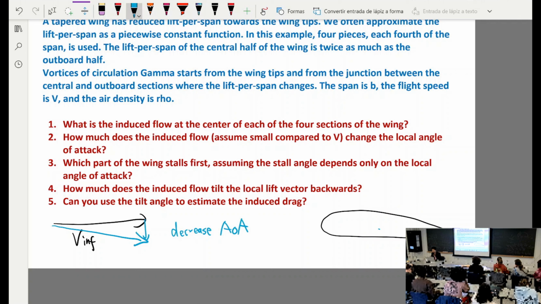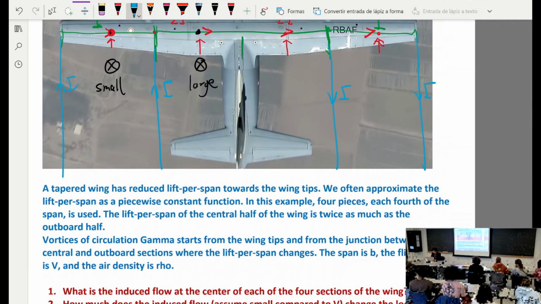So that airfoil section is seeing a smaller angle of attack if there is a larger downward velocity. And here on the outboard section, I have a larger angle of attack.